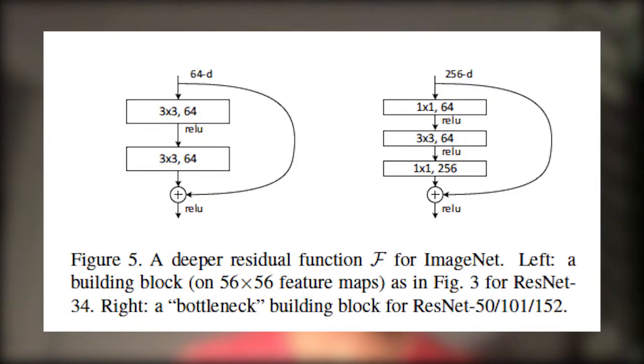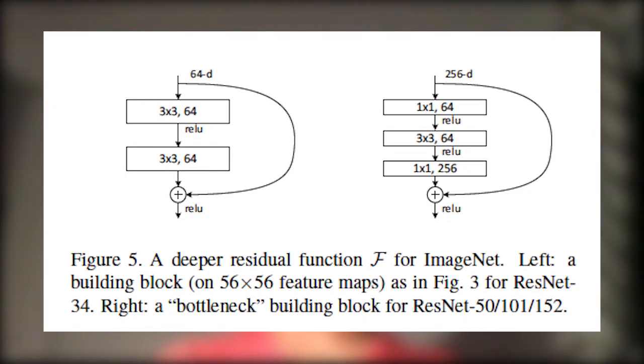And then we have the bottleneck layer. The bottleneck layer is a variation of the residual layer. In our case in the Hourglass network, we use a lot of 3 by 3 convolutions. So what the bottleneck layer does is, instead of having two 3 by 3 convolutions, it replaces that with two 1 by 1 convolutions and one 3 by 3 convolution.